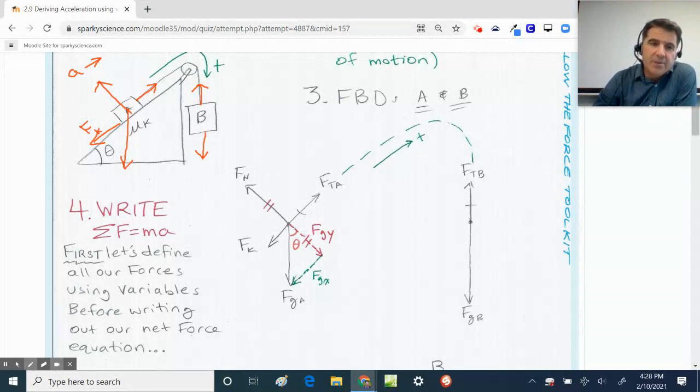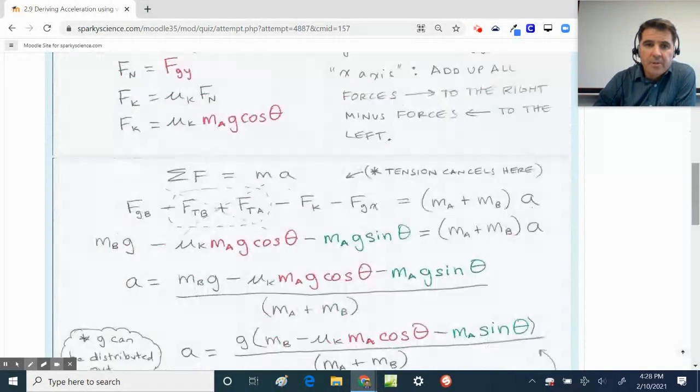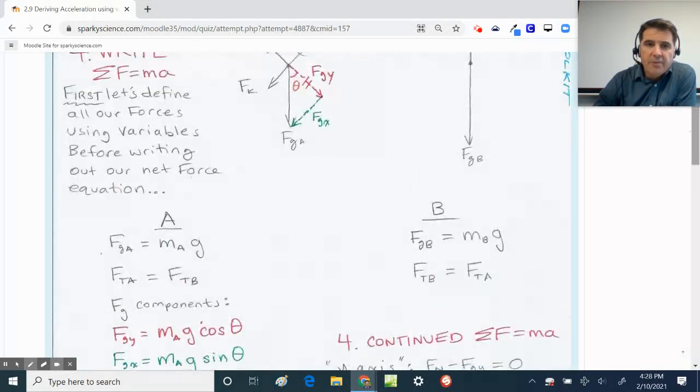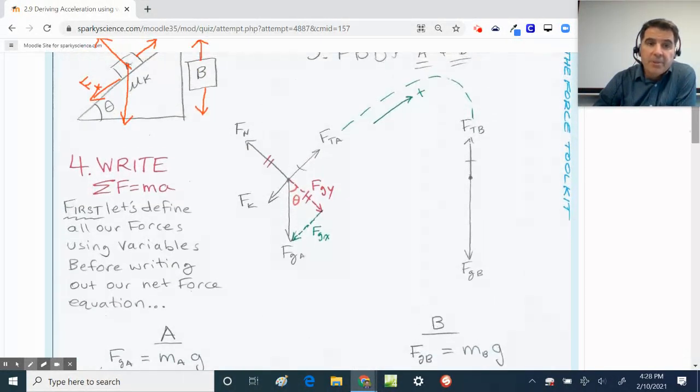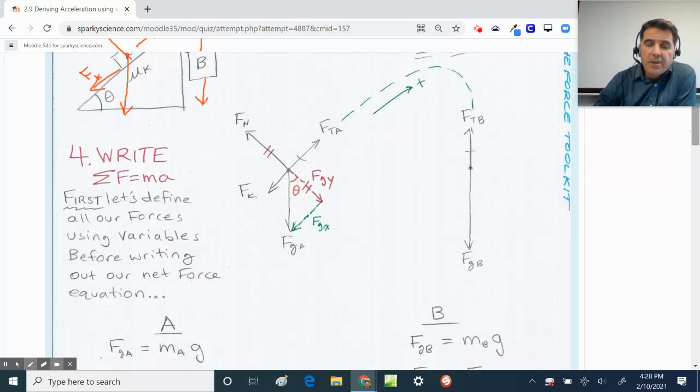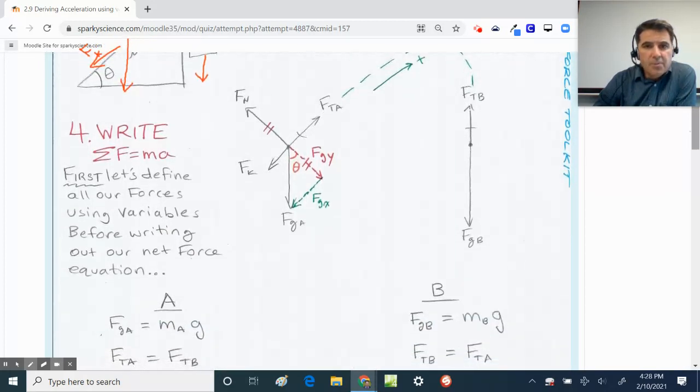So the next step is to write the sum of the forces equals mass times acceleration. But before I do that, I want to define all my vector arrows here, so we can see what's going on. FGA is the force of gravity going straight down, and that is MA, mass A, times gravity.